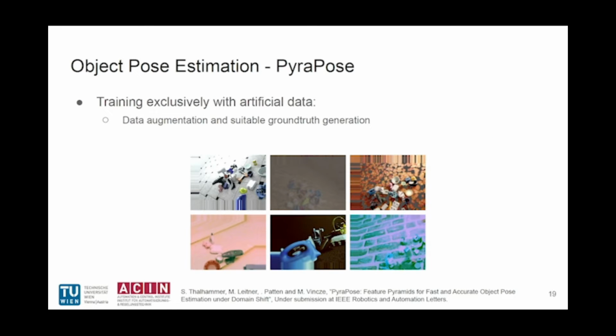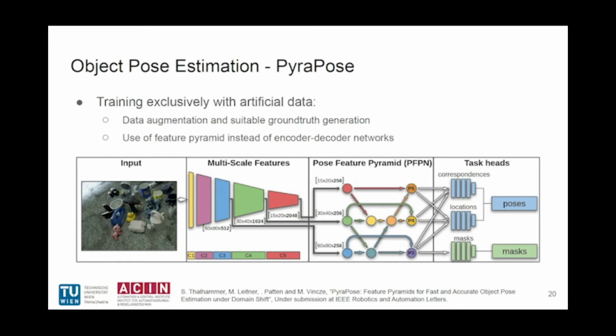So as mentioned, the method is trained exclusively with artificial data. And one of the ways it is designed to cope better is, first of all, good data generation and data augmentation with a lot of different methods, playing with the different materials, different views, different backgrounds, different everything, as randomized as possible to cover as much ground as possible.